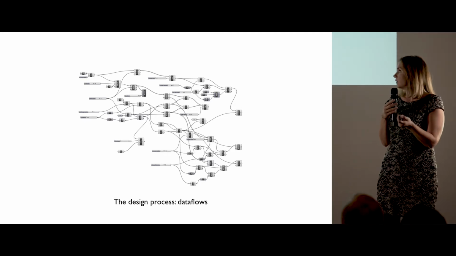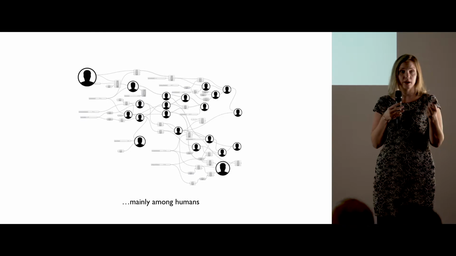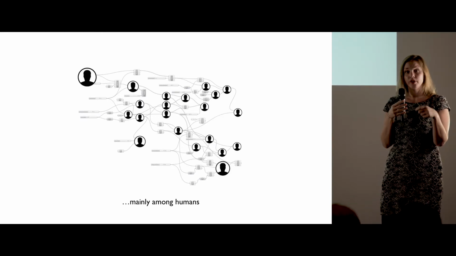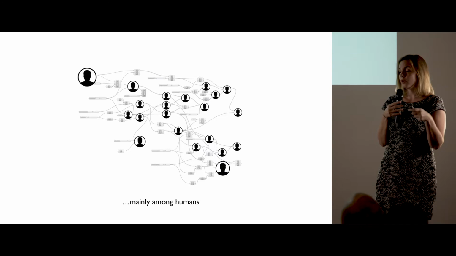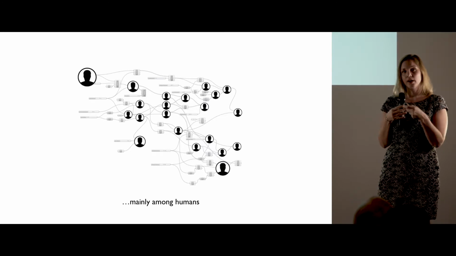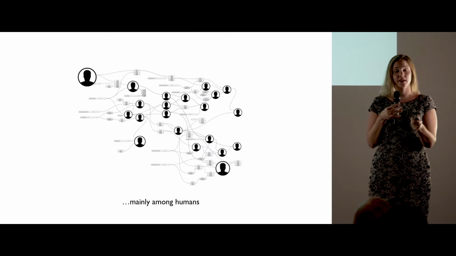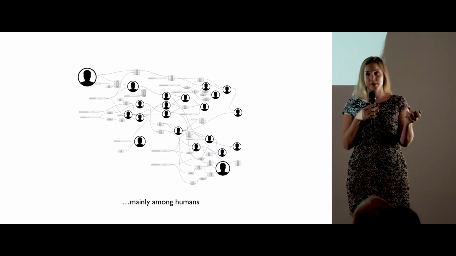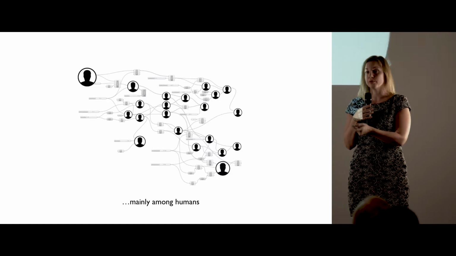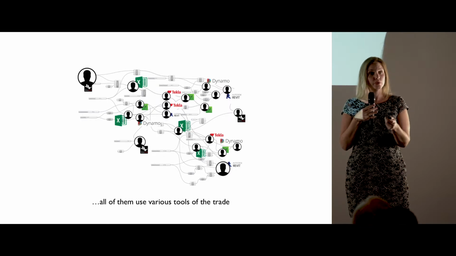And whenever we have a data flow, a process like that, we typically have many different actors involved in contributing to the design. So our next step with Speckle is to understand more these data flows from one actor to the other, keeping in mind that all of them are using different tools to do their job.